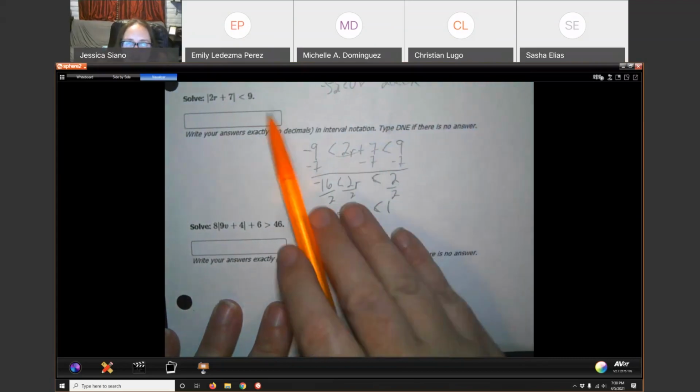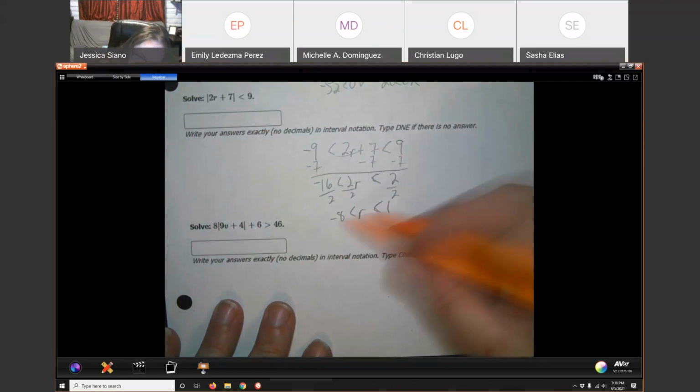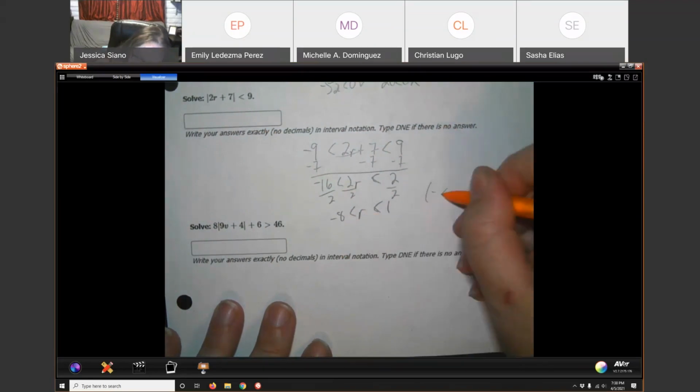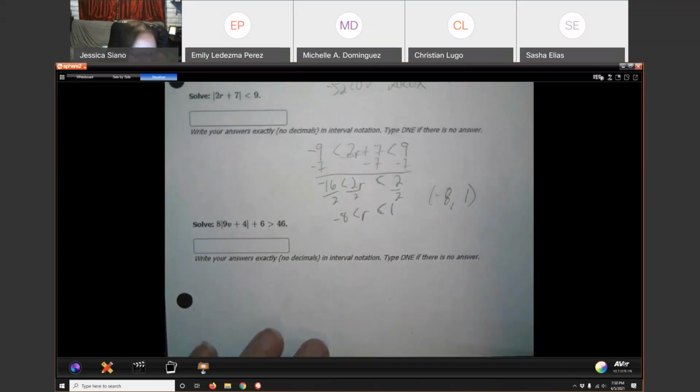Now, if this had an or equal to, I would have included an or equal to on this side. And so just turn this into interval notation. You're done.